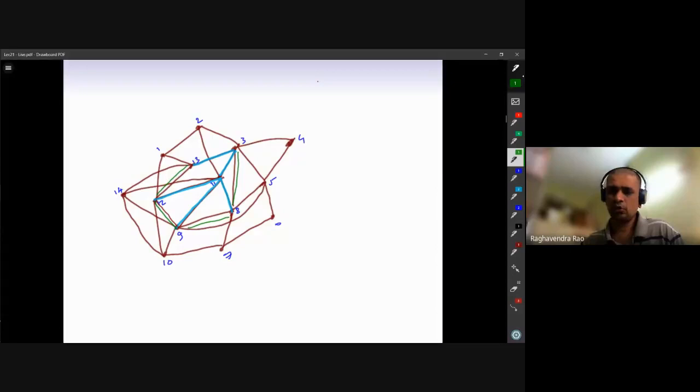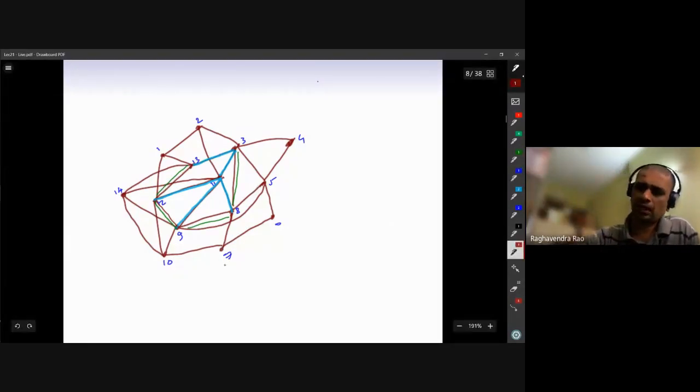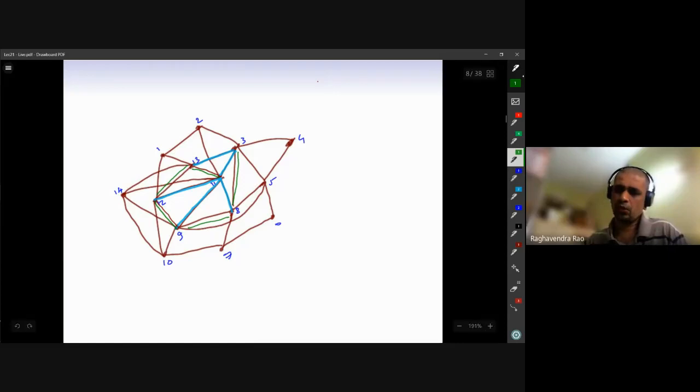Now, is it possible to add any more edge in this graph, so that we still don't have a cycle? Maybe 13, 11 is not an edge in this graph. Suppose that's also an edge, so that I can take it. Then I add this. Okay, so I have 5.